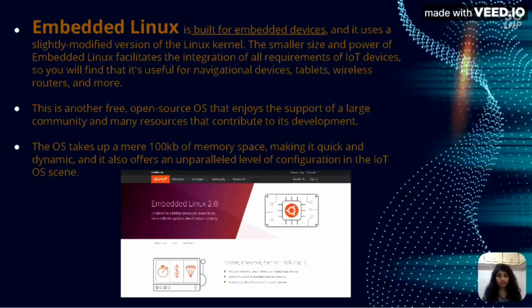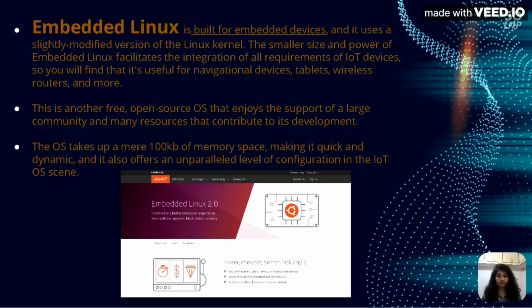Embedded Linux is built for embedded devices and it uses a slightly modified version of the Linux kernel. The smaller size and the power of embedded Linux facilitate the integration of all the requirements of IoT devices. So you will find that it is useful for navigational devices, tablets, wireless routers, and more.